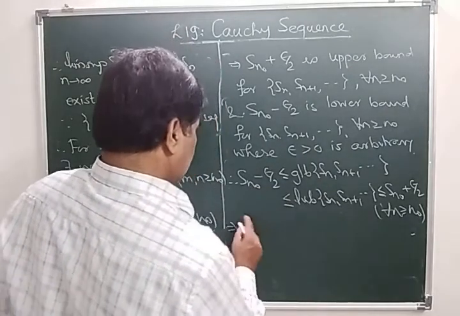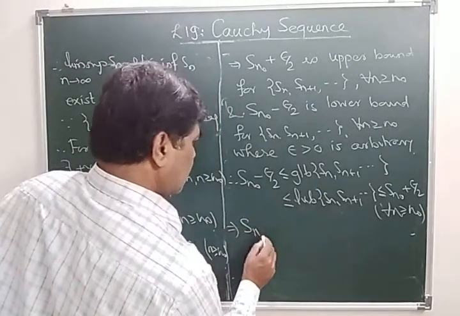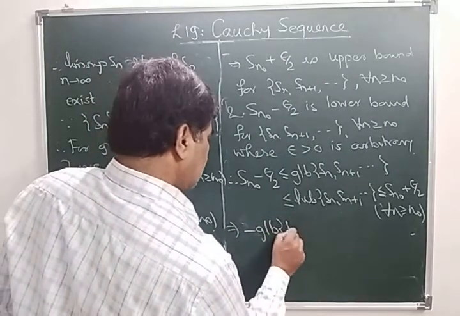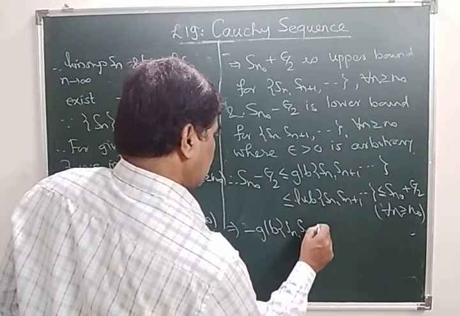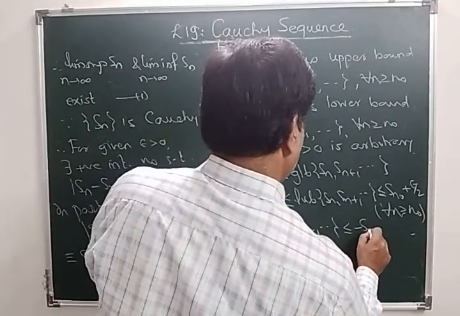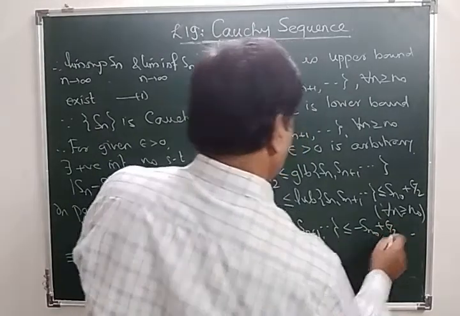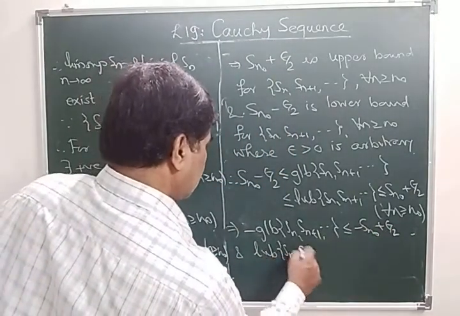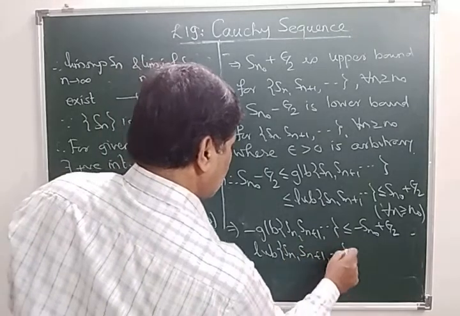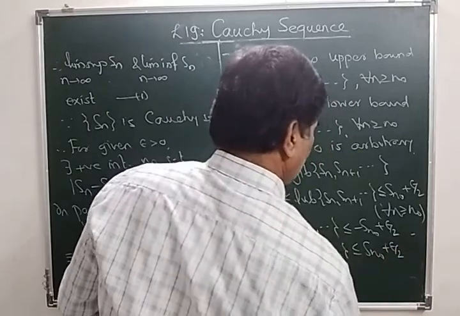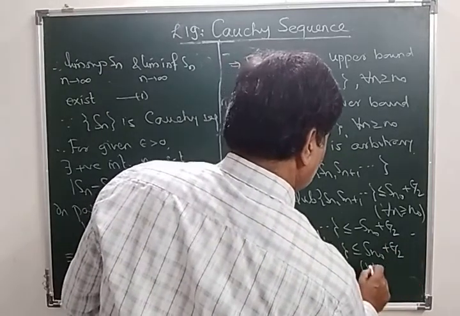This implies Sn naught minus greatest lower bound of Sn, Sn plus 1 and so on is less equal Sn naught minus... and least upper bound of Sn, Sn plus 1 and so on is less equal Sn naught plus epsilon by 2 for any n greater equal n naught.